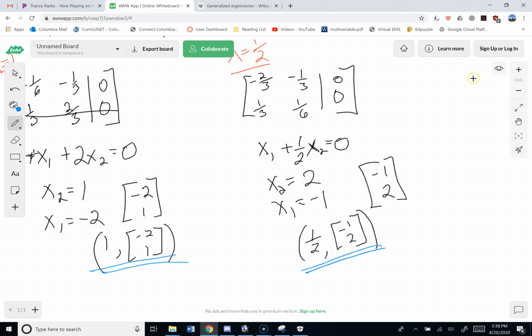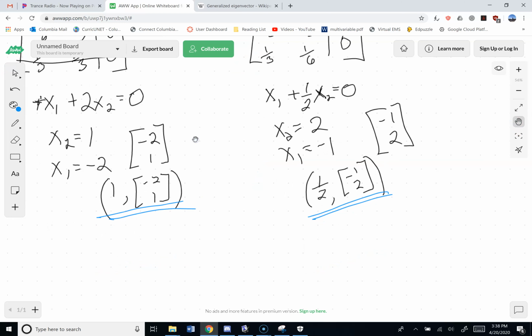And so what's my solution all told? C1 times (-2, 1) e to the t plus C2 times (-1, 2) e to the t over 2.